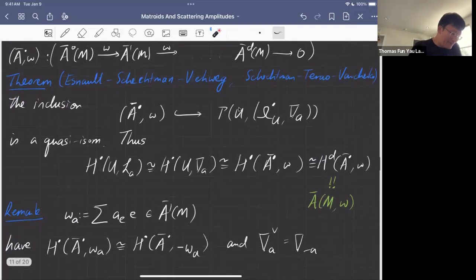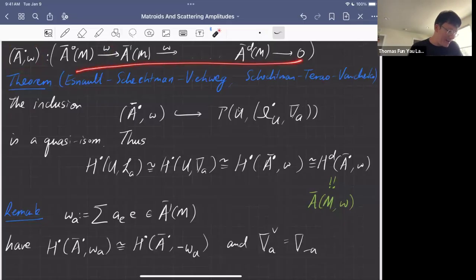So recall that we have this Orlik-Solomon algebra, which is called A dot, which is isomorphic to the cohomology with the trivial local system. And I also have this one form omega. I'm going to make a complex out of the Orlik-Solomon algebra by just wedging with this one form. And it's a complex: if I wedge twice with this one form, by skew symmetry it'll be 0.